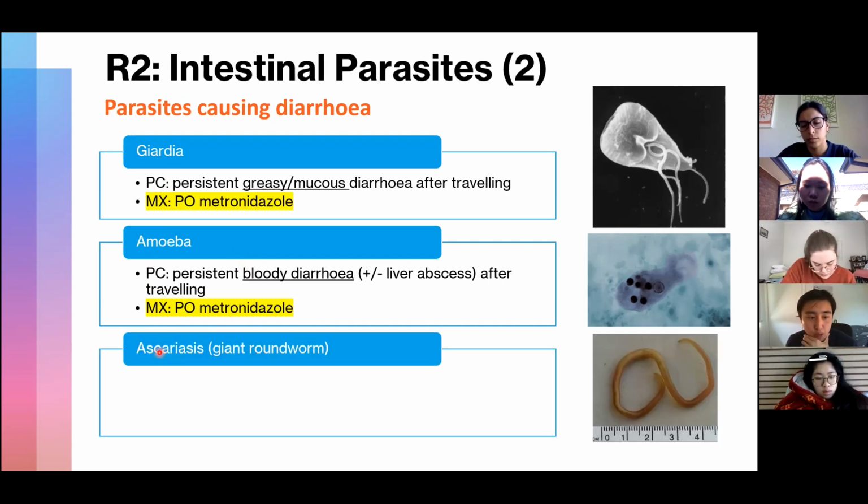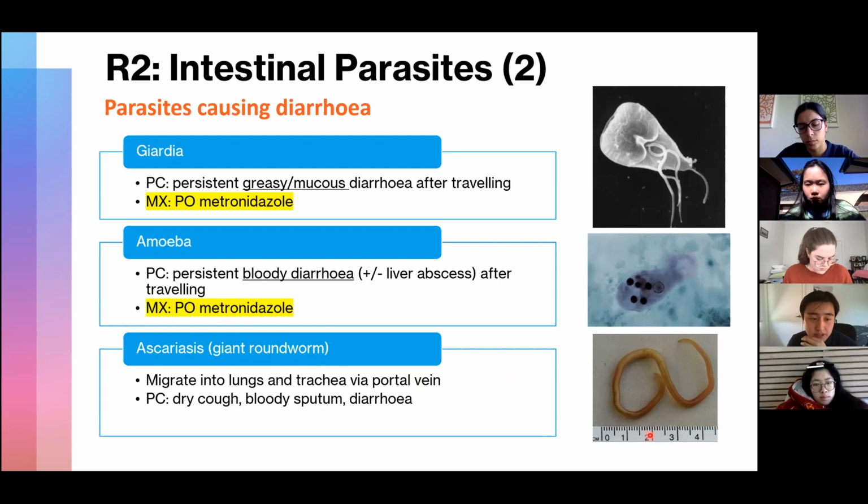And finally, a worm that I also wanted to talk about is the giant roundworm. If you look at the measurements, it's actually quite big. Essentially, these worms migrate into the lungs and trachea via the portal vein, and they present with dry cough, bloody sputum, and diarrhea.